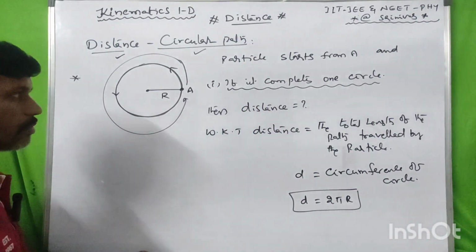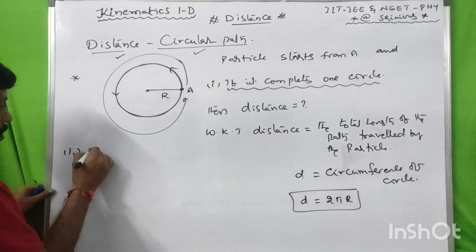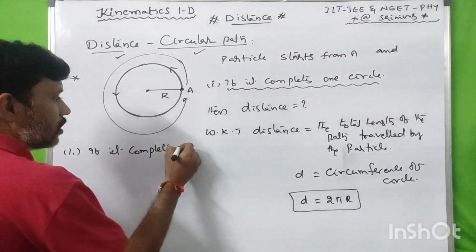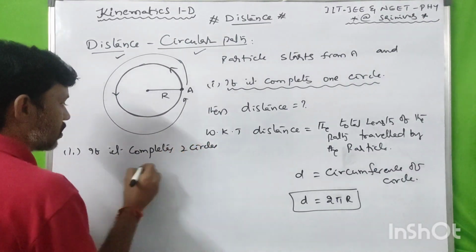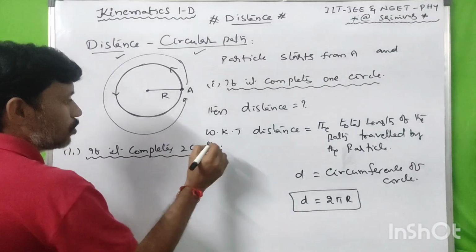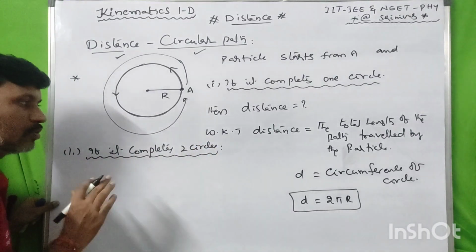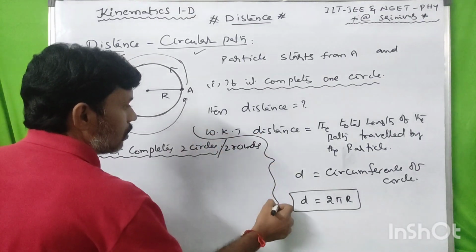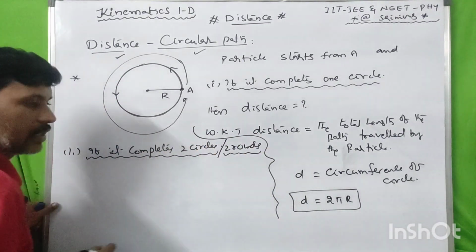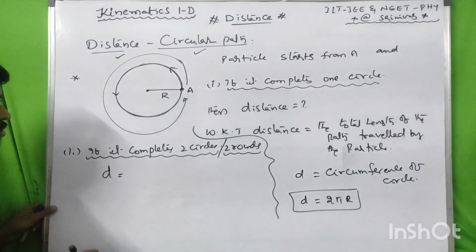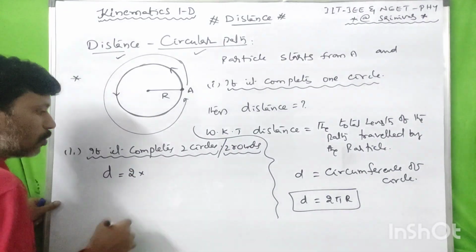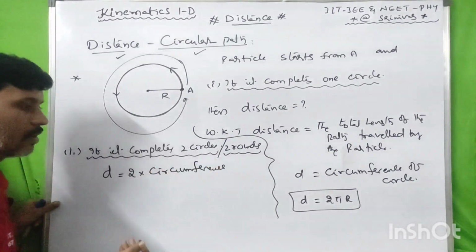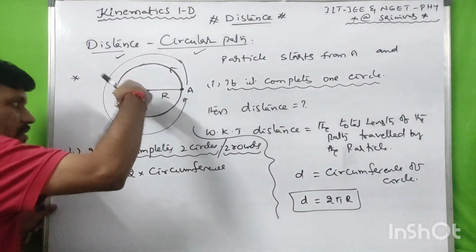Done? Right. So let us come to the second one. If it completes two circles or two rounds, right? Now the distance is two times the circumference or perimeter of the circle, one time, second time.